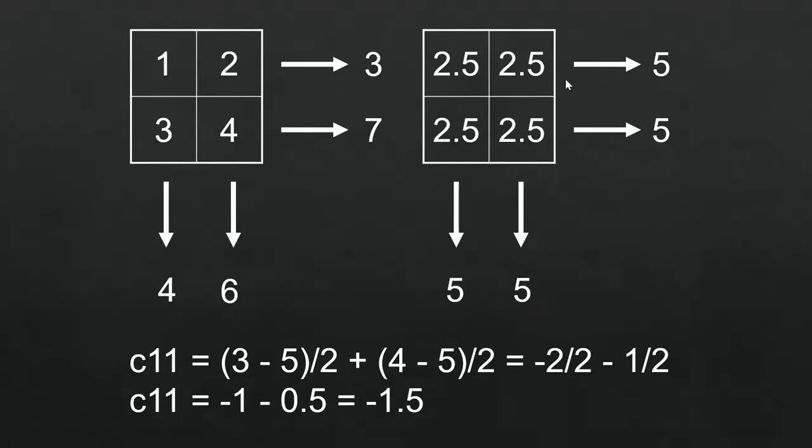It uses a specific method called C11 for the correction factor: subtracting this from that and dividing by 2, and subtracting, for example, this from that and dividing by 2. From this, it calculates a certain value called the correction factor.